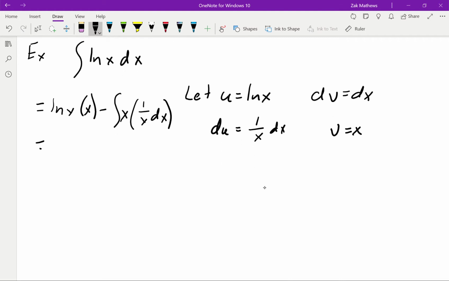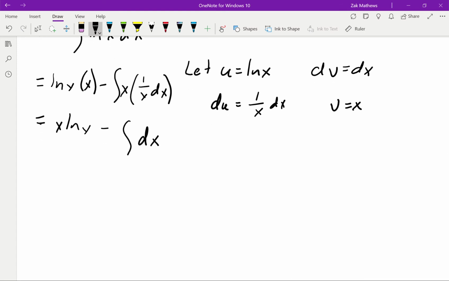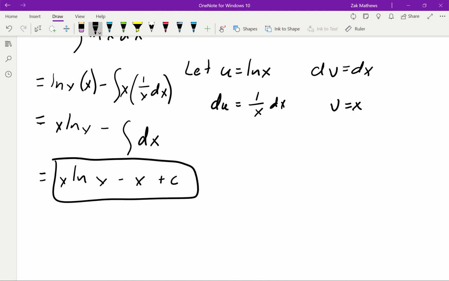I might just pull that x to the front so it looks a little bit nicer. The x times the 1 over x just becomes a 1. So we're left with the nice simple integral of dx, which we know is just x. And of course we need the plus c. And so to answer the question, what is the antiderivative of the natural log of x? It would be x natural log of x minus x plus the integration constant. So quite a complex function just to be left with the natural log of x.